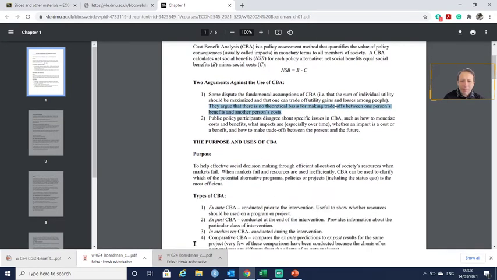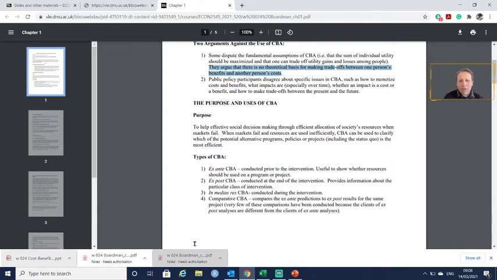So what is the purpose and uses of CBA? The purpose is to help effective social decision making through efficient allocation of resources when the markets fail. When markets fail, CBA can be used to clarify which is the potential of alternative programs or projects, and which one is the most efficient.